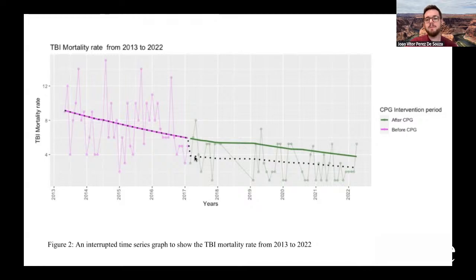If you are implementing a new CPG in your hospital, it's not ethical for you to provide good quality of care for a group of patients and not the same quality of care for the other group. So in this situation, it's not ethical for you to randomize the patients. And that's why we use this sort of retrospective before and after analysis.